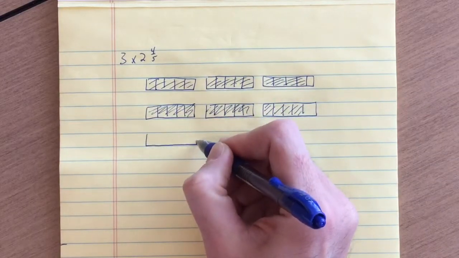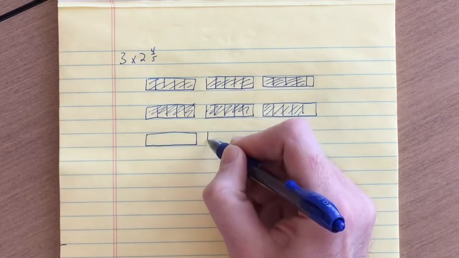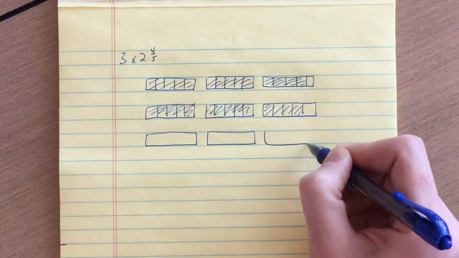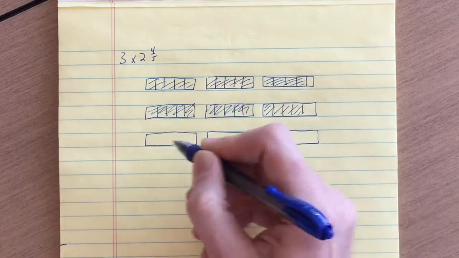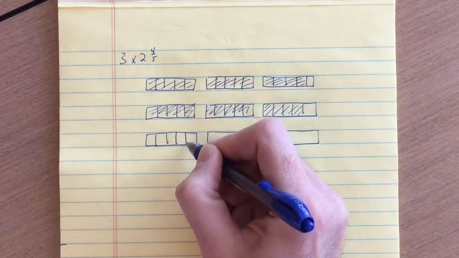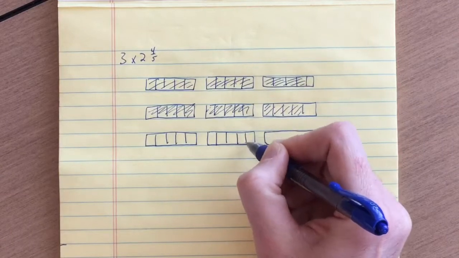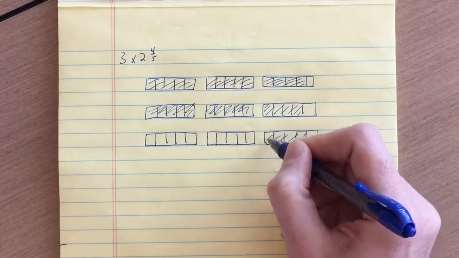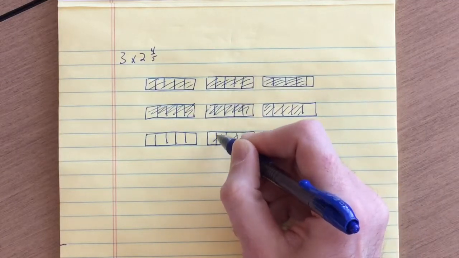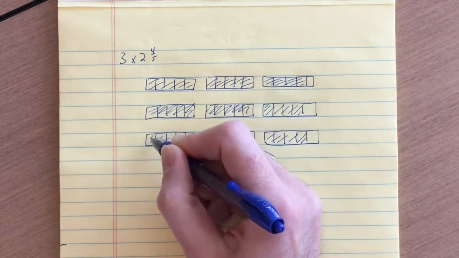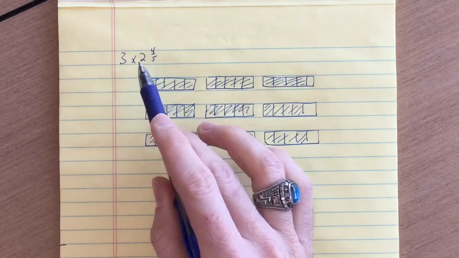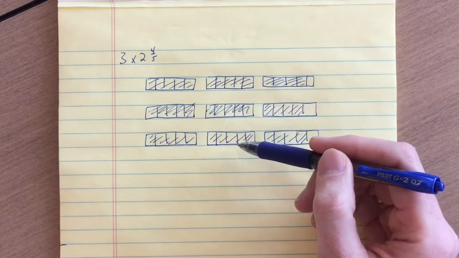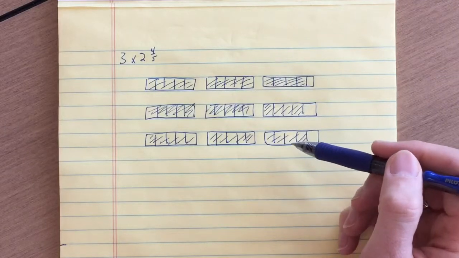And now I have my third group of 2 and 4/5. So I have 3 of 2 and 4/5. 1, 2, 3. 2 and 4/5.